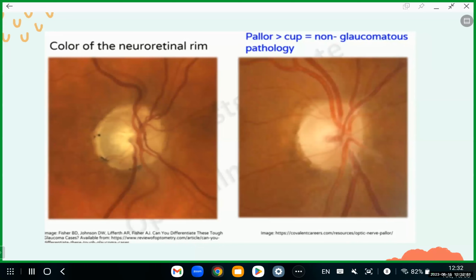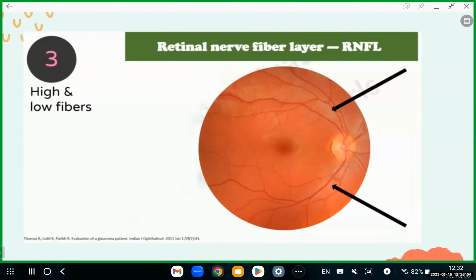Other defects are wider than the retinal vessels and extend to the disc. Fourth is halo, which represents peripapillary atrophy, where the beta zone is more significant with respect to glaucoma.